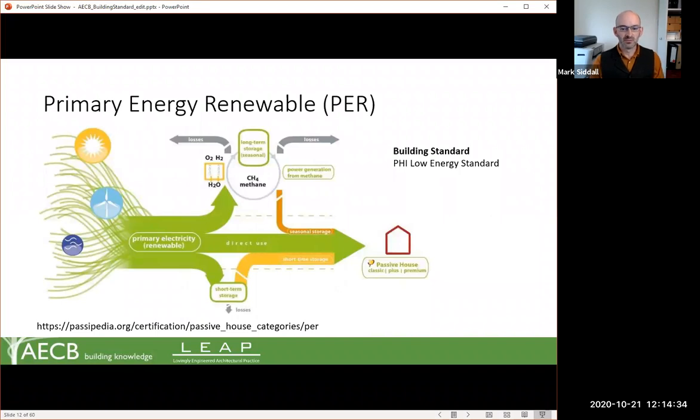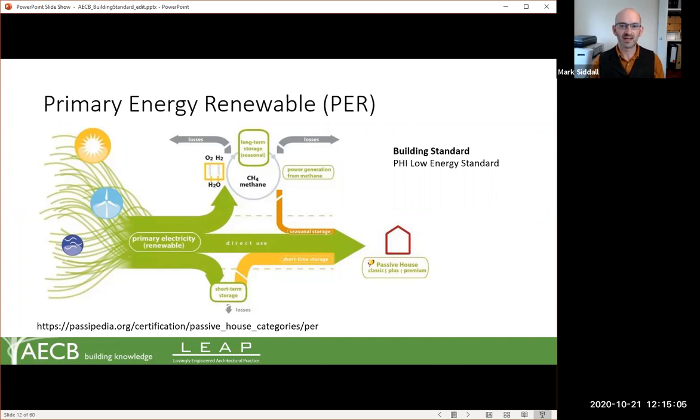So, the introduction of primary energy into the AECB Building Standard. Basically, what that's doing is recognising that our energy grids are changing, and that carbon emissions from the electrical grid are reducing. Once we get to the threshold of the government's target of zero carbon by 2050, how are we actually going to get through the winter seasonal gap?